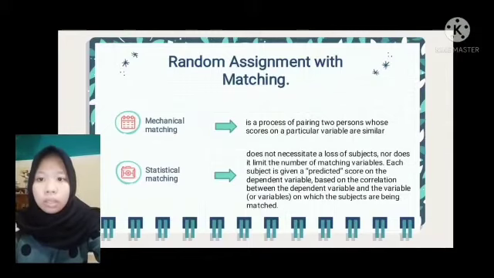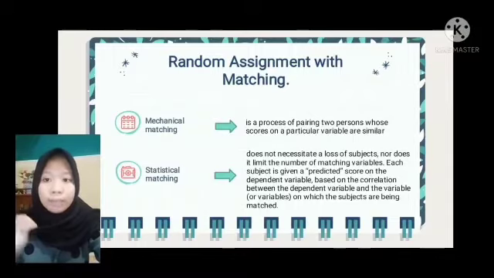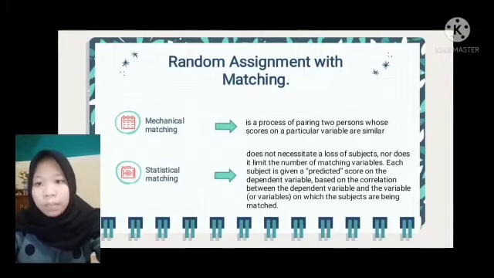It does not lose a lot of subjects, but it limits the number of matching variables. The subject is given a predicted score on a dependent variable based on the correlation between the dependent variable and the matching variable.